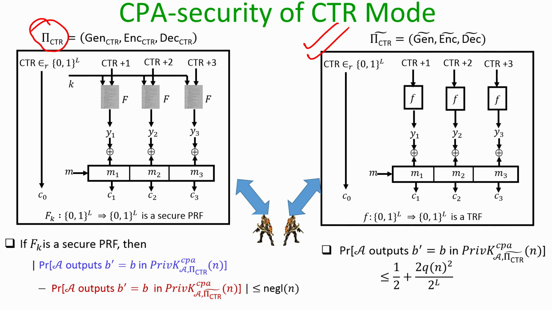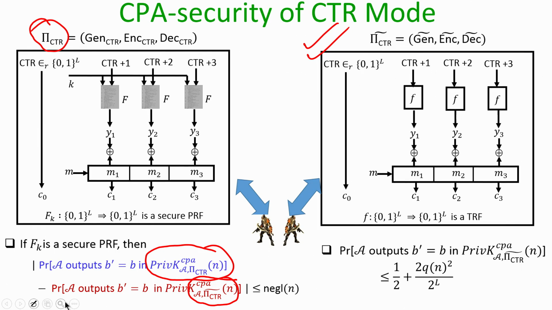So, we can use the same or similar argument and end up showing that the difference in the adversary winning the CPA game against the actual counter mode of operation and the truly random function based counter mode of operation can be upper bounded by a negligible quantity.